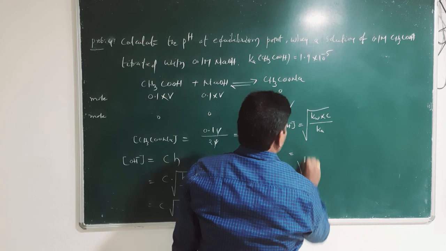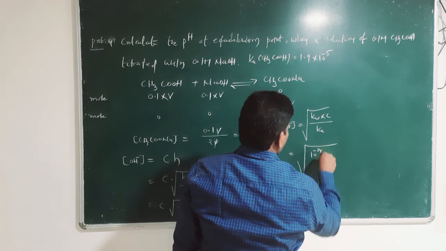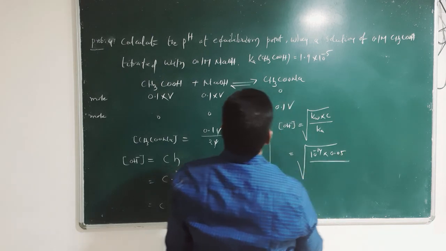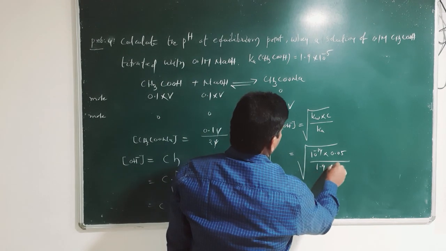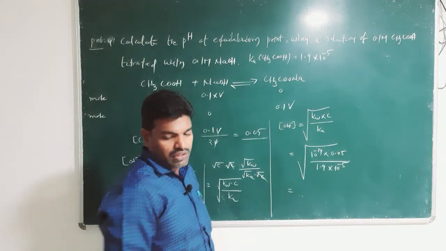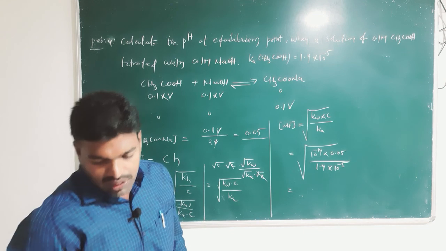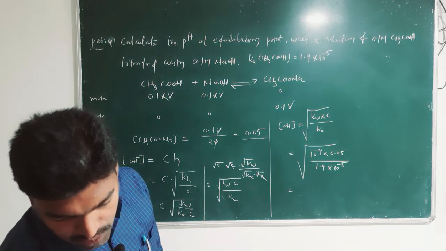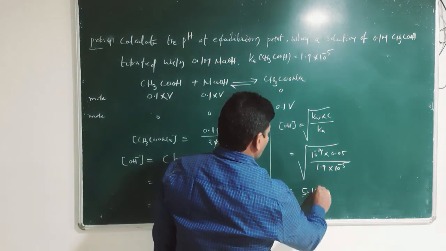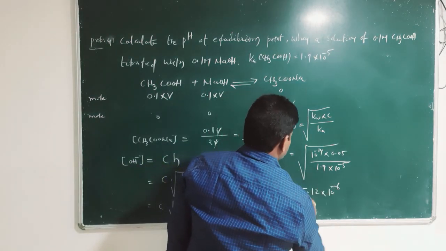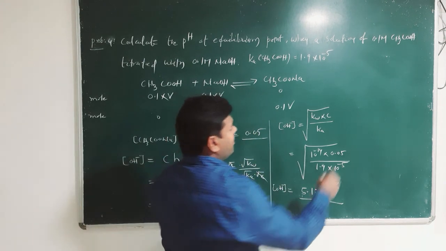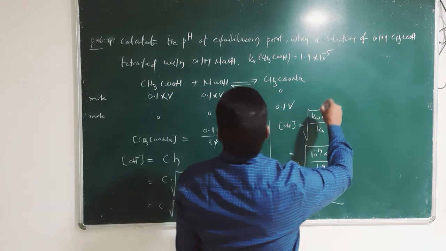Okay. So Kw is 10 power minus 14 and C is 0.05 and Ka they gave is 1.9 into 10 power minus 5, and this root comes out to be 5.1 into 10 power minus 6. Okay, so concentration of OH minus ions is this, but they asked to calculate the pH.